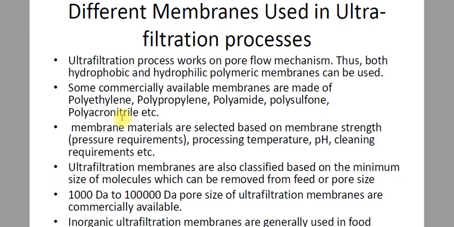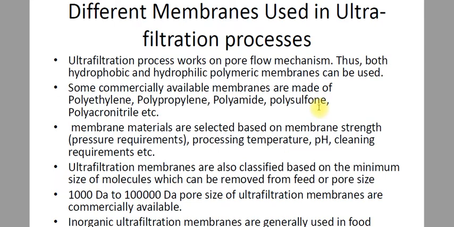If the cross membrane pressure is very high in the process, suppose you are working at 60 bar or 80 bar pressure, then of course you have to go for the polysulfone membrane, because polysulfone has higher mechanical strength.